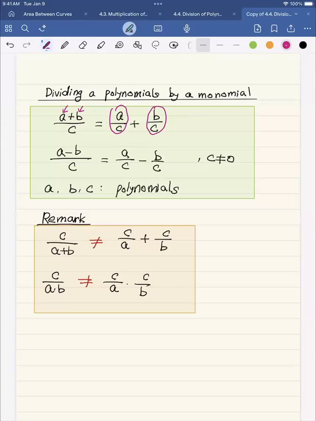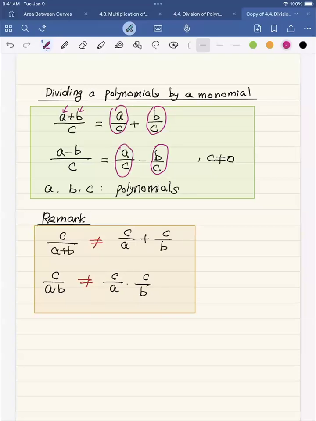The same when we consider the difference of two polynomials on the numerator, we can separate that into two parts and think about the differences in the fraction.